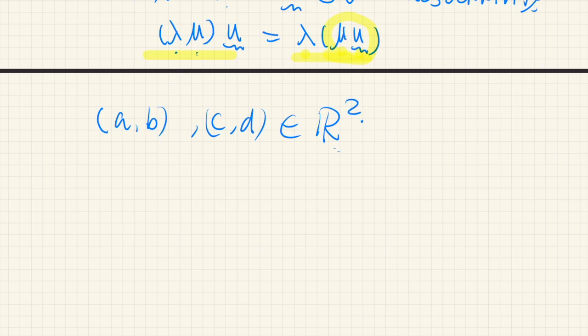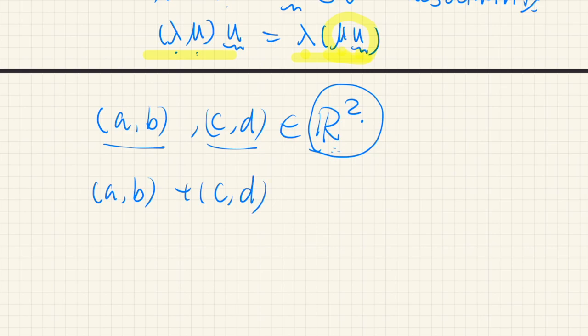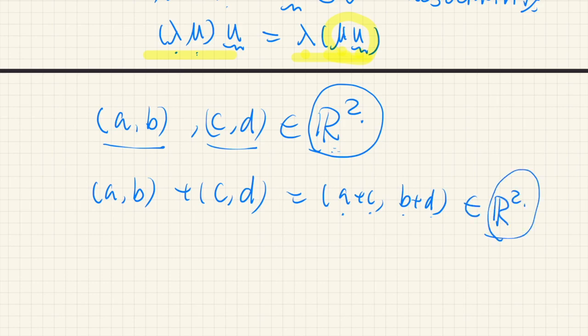So these two vectors are elements of this vector space, and if we add them according to the definition of addition, we have a plus c and b plus d. a plus c is, of course, a real number, and b plus d is a real number. Therefore, this is an element of this two-dimensional real space.